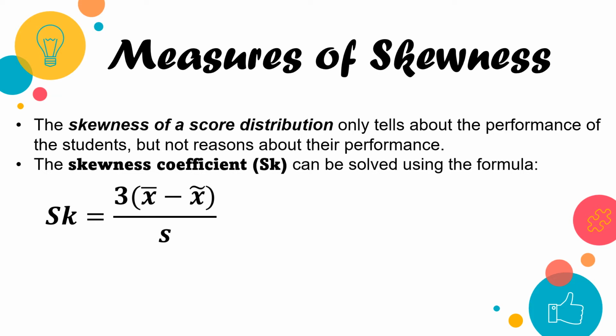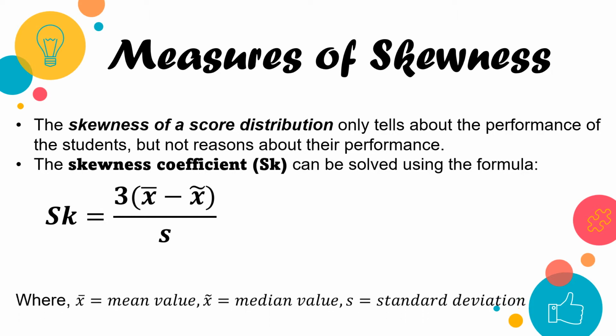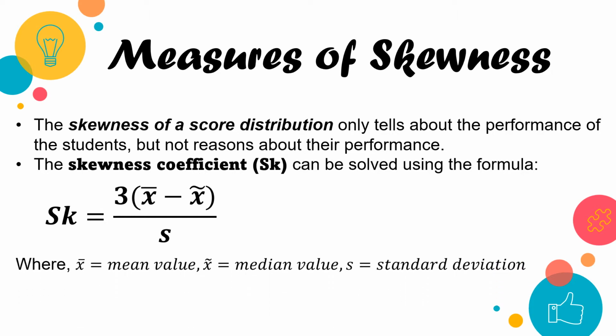So we have here the skewness coefficient, denoted as capital S and small letter k, which can be solved using the formula. So that is Sk is equal to 3 times X bar minus X tilde, divided by small s, where X bar is the mean value and the other X is the median value, and then s is the value of your standard deviation.